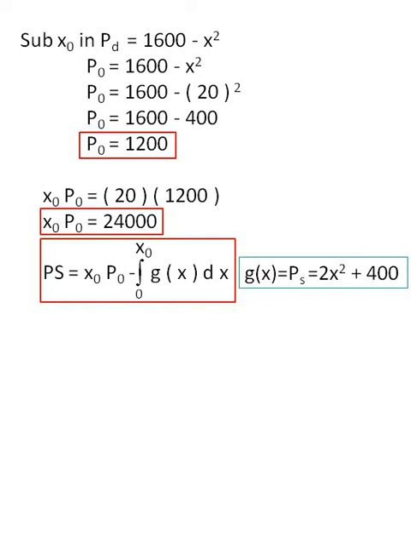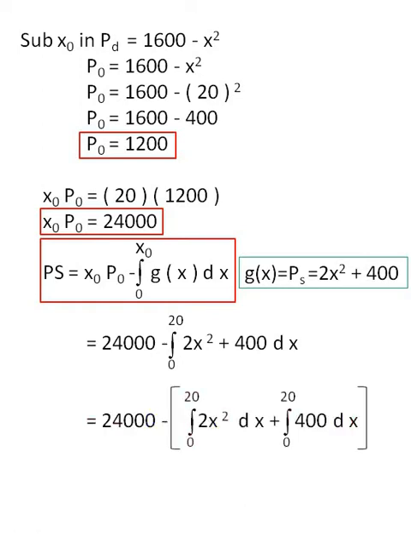So producer's surplus relates to supply. So we substitute the supply function: 24,000 minus the integral, and we have found x₀ = 20, so 0 to 20. Now substituting g(x) by 2x² + 400, then dx we write as it is.